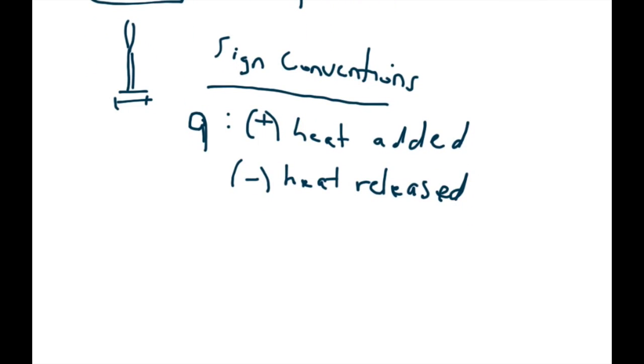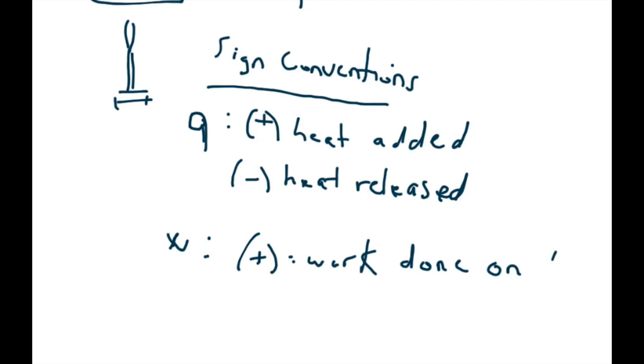So we have another variable, and that's W. And we have a positive sign for W, and that's going to mean that work is done on the system. And here again, just think of it as we are adding work.